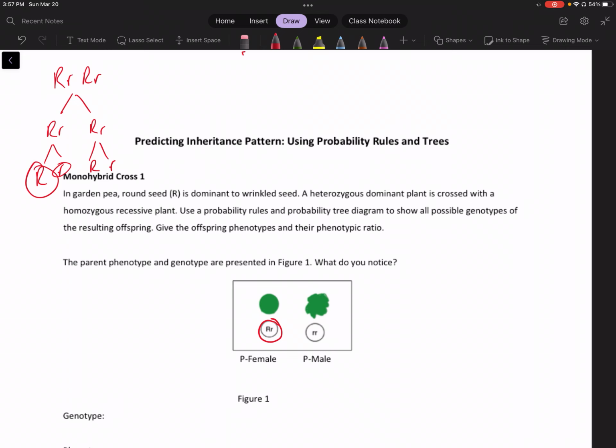The other thing I want to talk to you about is the difference between traits and alleles. A trait is the characteristic. In this case, we're looking at the type of seeds, whether it's a round seed or a wrinkled seed. The type of seed is the trait. The alleles are my letters, okay?